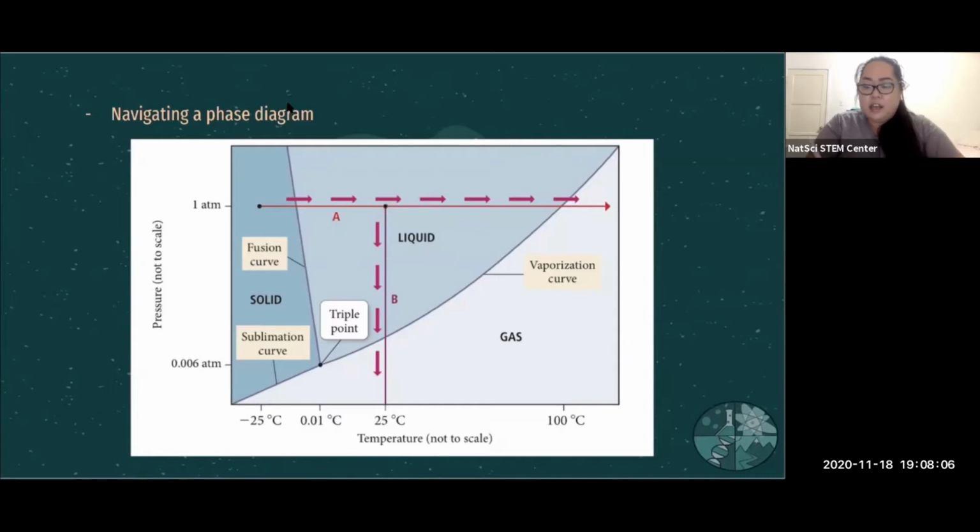Let's say now you're looking at it at 0.006 atm at 25 degrees Celsius, the phase change is from a liquid to a gas. That would be the phase change. So it's now a gas. So that's how you would navigate. The same applies if you're going up or down or left to right.